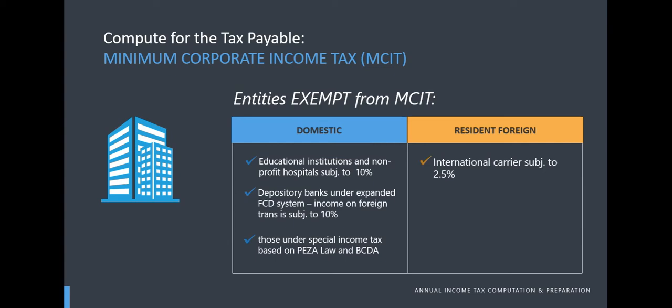For resident foreign corporations, those international carriers that are subject to 2.5%, OBUs whose income from foreign currency transactions is subject to 10%, and ROHQs that are subject to 10%. So they are the exempt entities from MCIT.